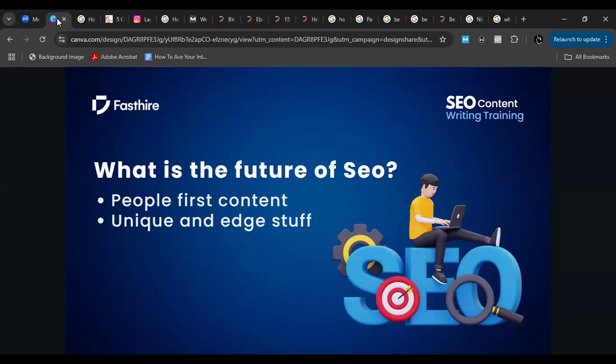Now, the secret of the future of SEO is not just people coming to your site and leaving. Find a way to keep them and make them come back again.